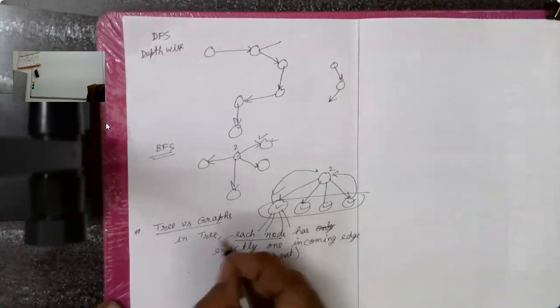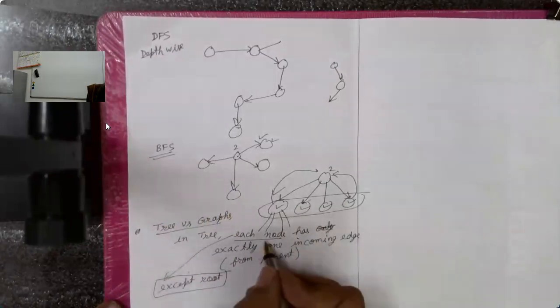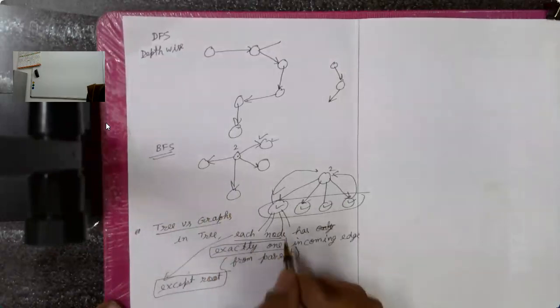And each node means except root. Root has no incoming edge, but all other nodes have only and exactly one incoming edge.